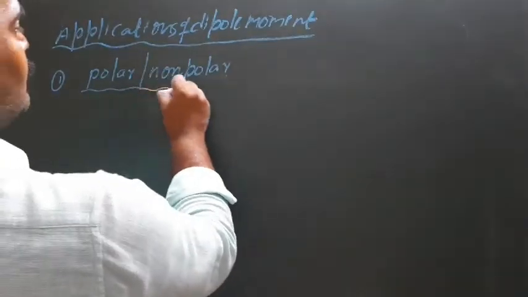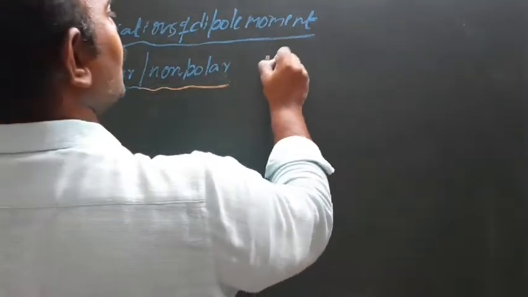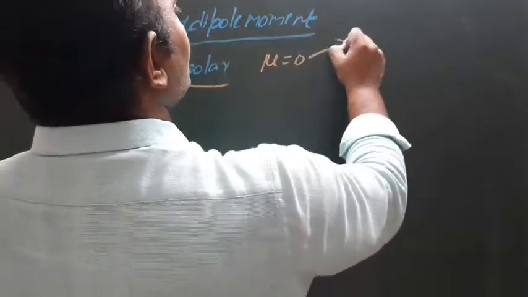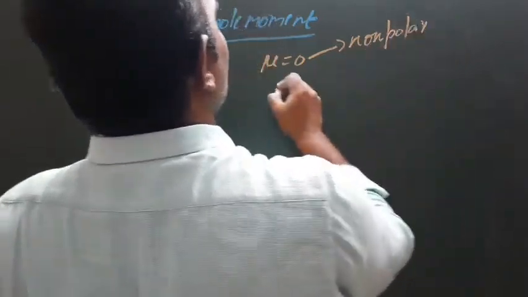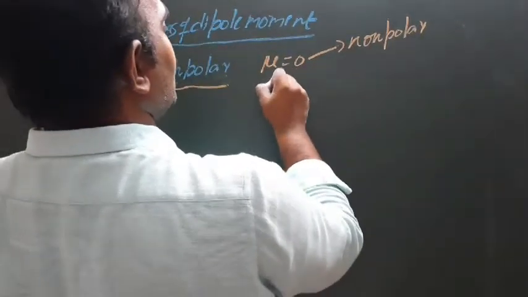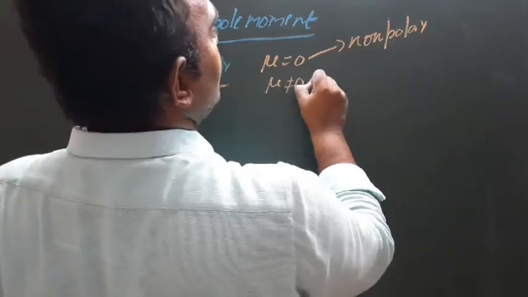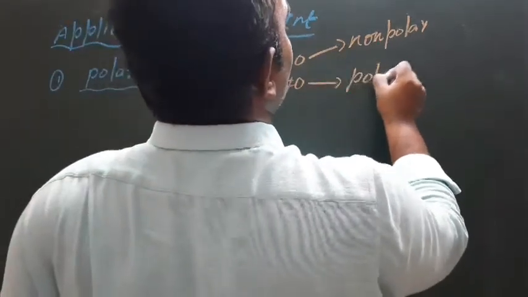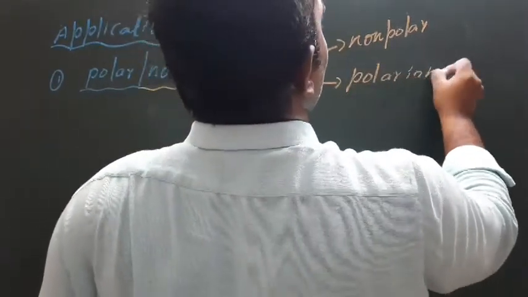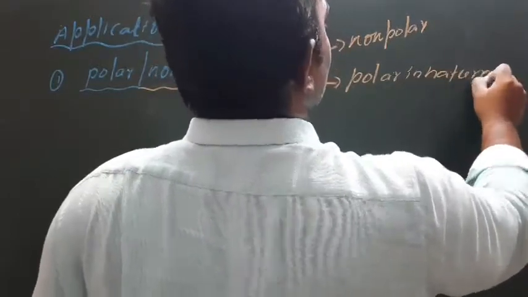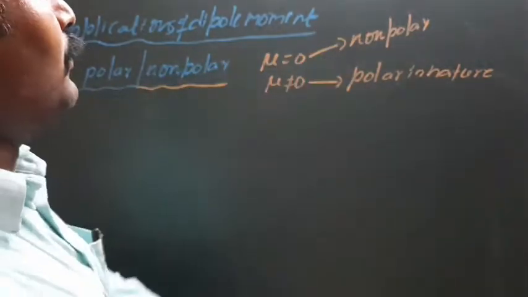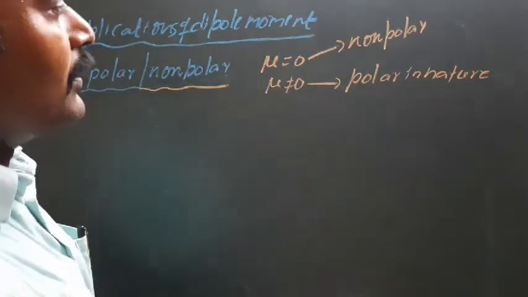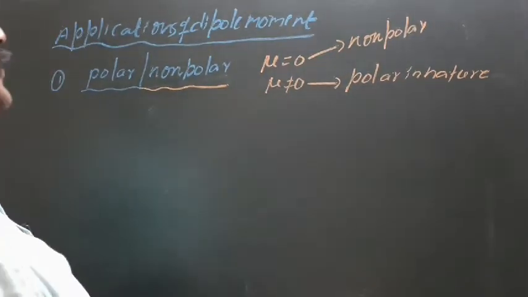That means if the dipole moment is equal to 0, the molecule is 100% non-polar. If the dipole moment is not equal to 0, then the molecule is polar in nature. Clear? If the dipole moment is equal to 0, non-polar. If the dipole moment is not equal to 0, polar in nature.